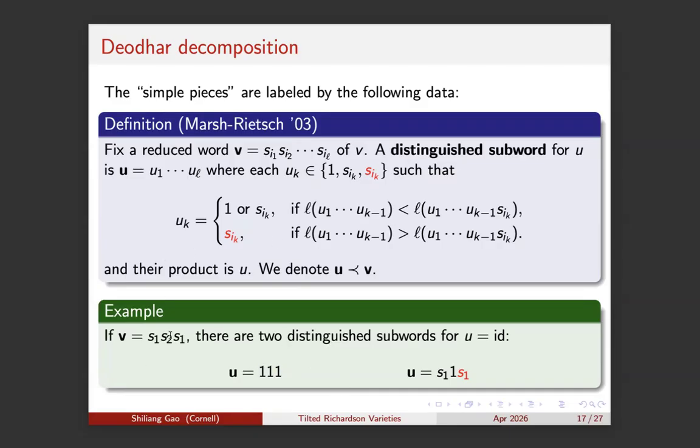Or, if I choose the first s1 and do not choose the s2, then when looking at the third, the last s1, we see that if we multiply it, the length will go down, and we'll have to include it. This is the red s1 towards the end. And these are the two distinguished subwords for u.